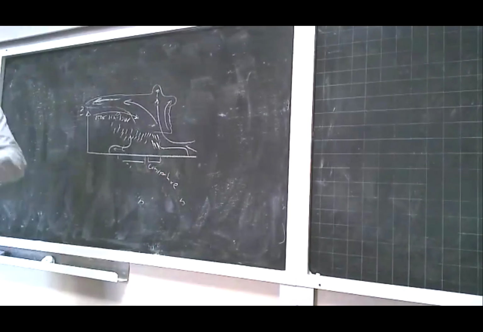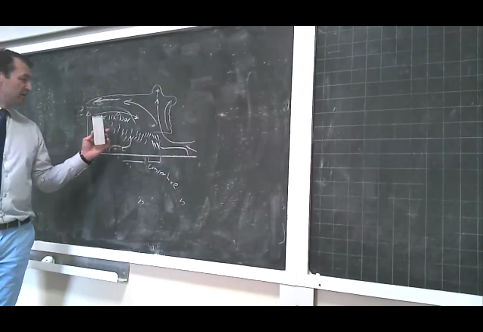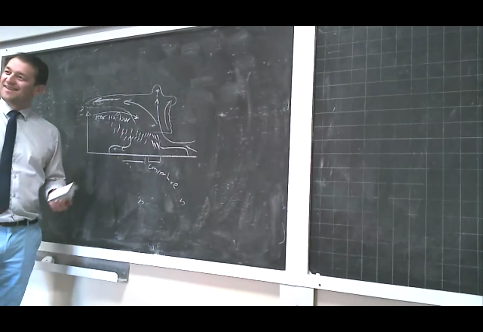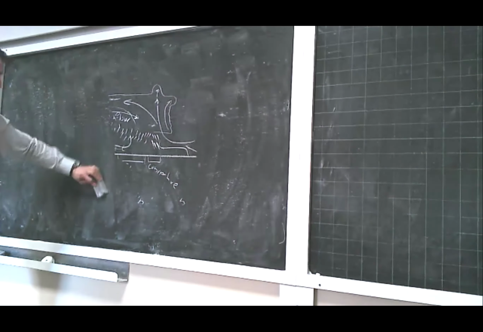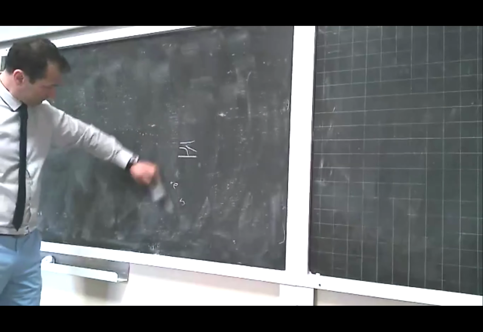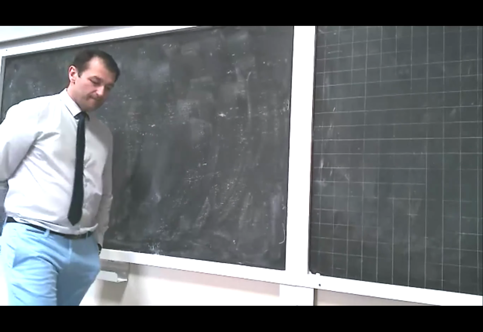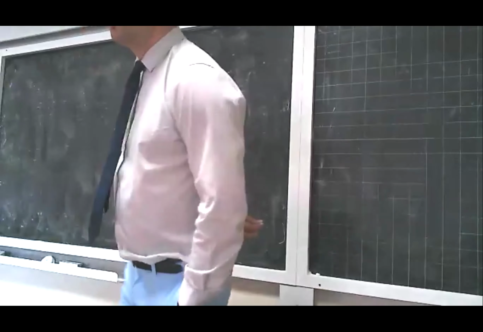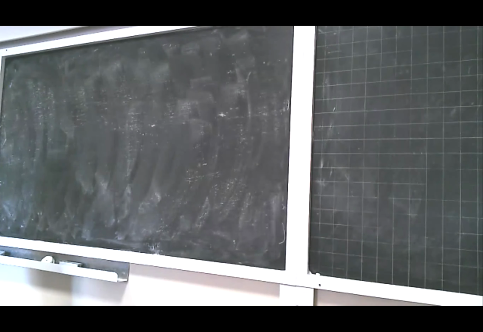Now, I need to explain how do we get rear inflow. And there is no easy way to explain it, okay? There are two ways of explaining the existence of rear flank inflow.